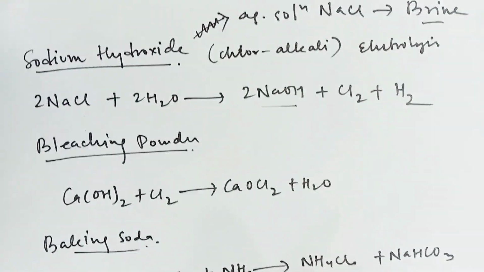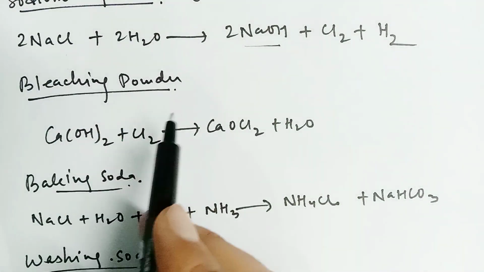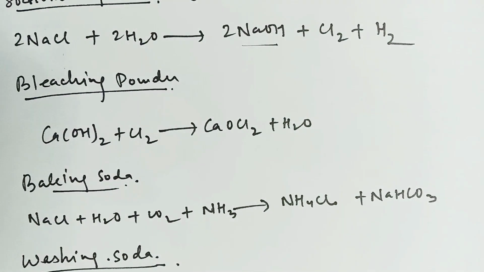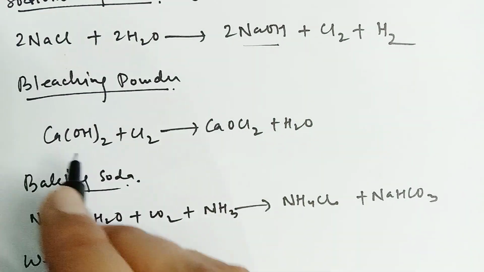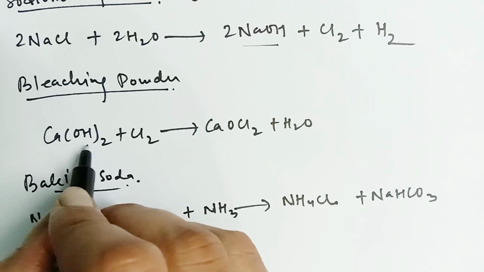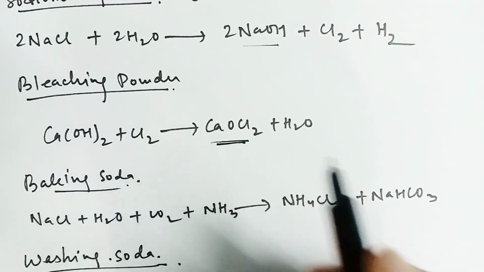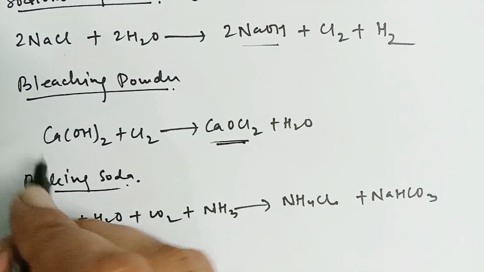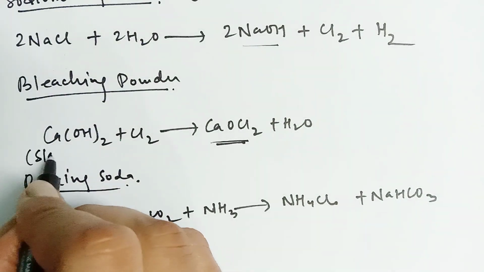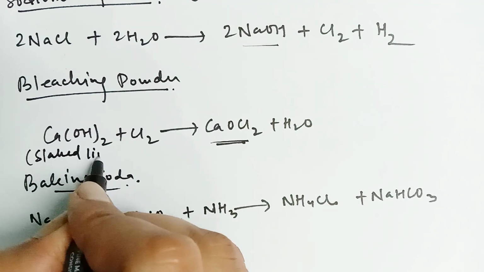Next is bleaching powder. It is produced when calcium hydroxide is treated with chlorine. Calcium hydroxide has a common name, slaked lime.